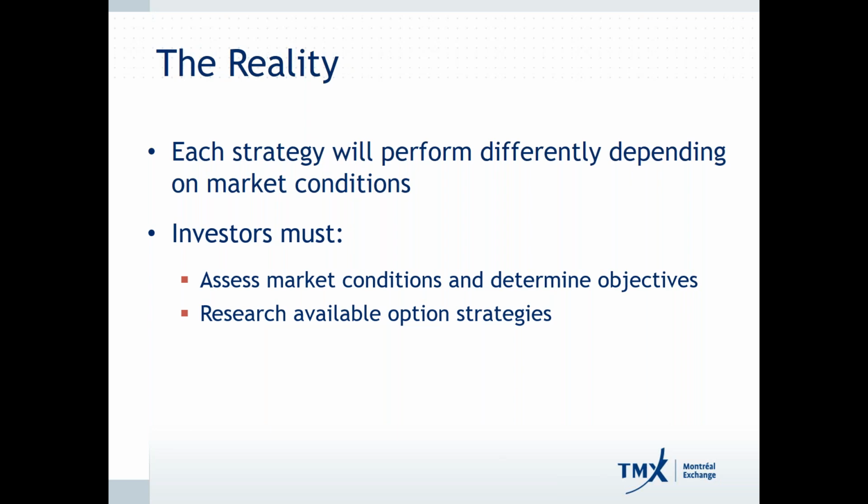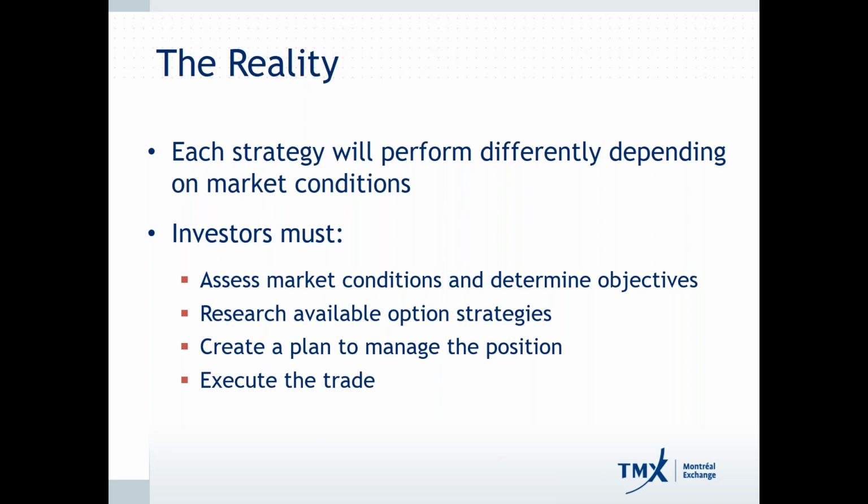You want to assess the situation and ask what strategy should I implement and how should I do it? You want to create a plan to manage the position. So ask yourself, what is it that I have to do and how am I going to manage a particular trade? What's the execution? What's the plan once I'm in? Of course, then it comes to the execution.